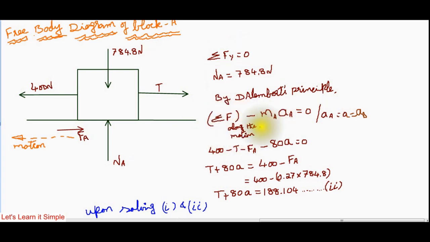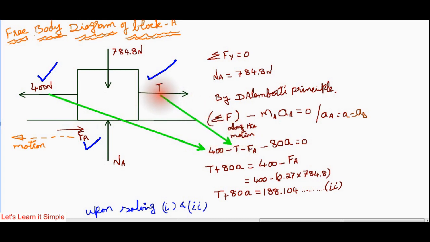In this case, there are three forces, 400 Newton, T and Fa. Out of these, 400 Newton is along the direction of motion, therefore it is taken as positive. The tension T is opposing the motion, so it is negative.